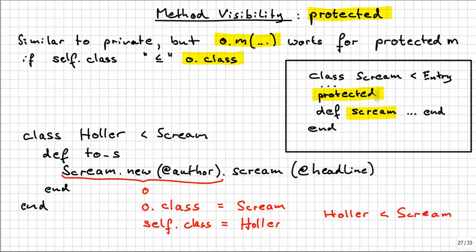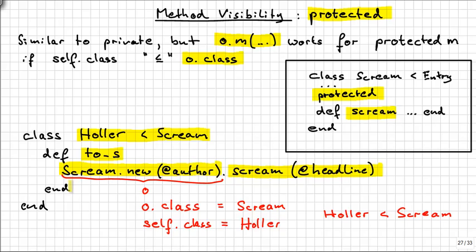But if we now define a subclass of Scream called Holler, then we can awkwardly construct the to_s method by creating a new instance of Scream, and we'll initialize it with the author that was given to the Holler, and then call upon this new Scream object the scream method, with the headline.